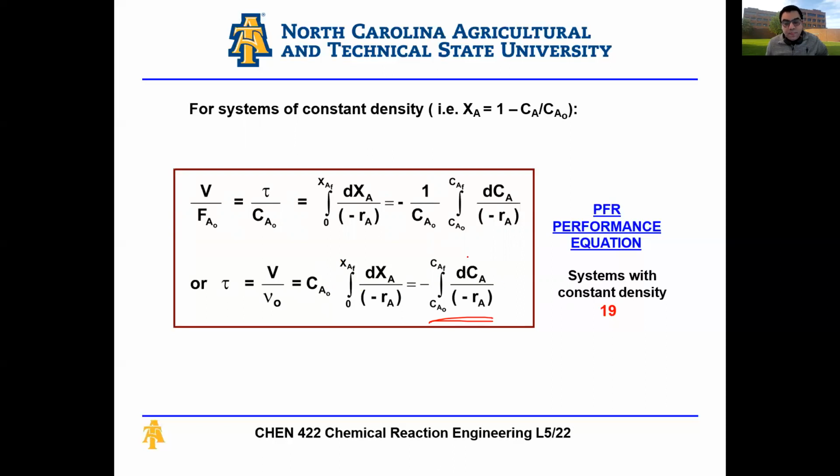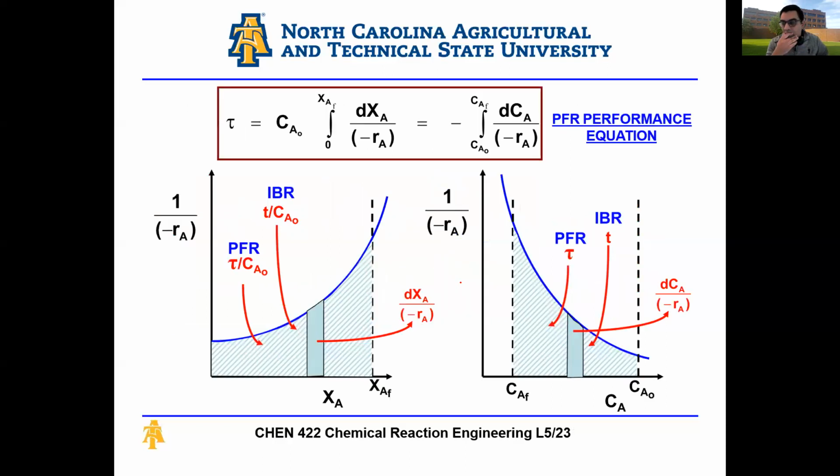Okay, so if for some reason you don't have enough given to deal with conversion and you want to solve it in terms of concentration, you can use this form of the performance equation. Okay.